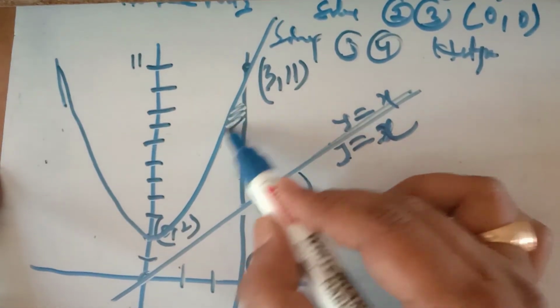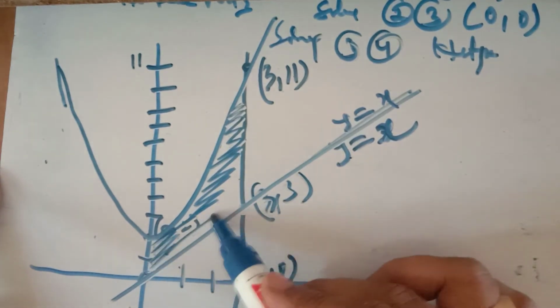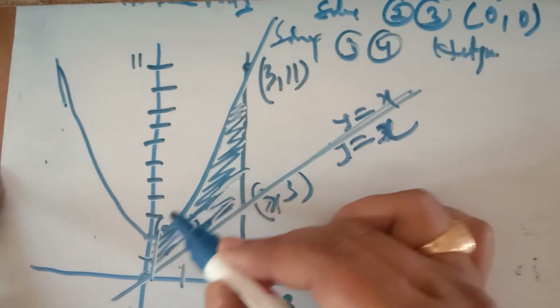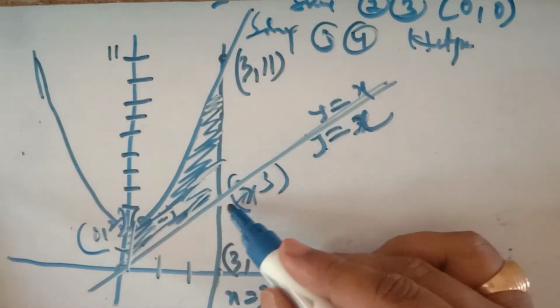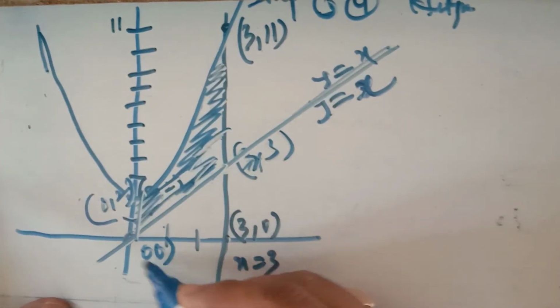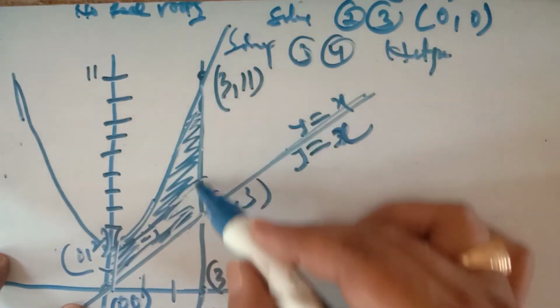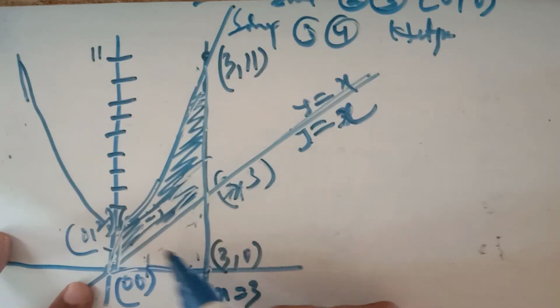You have to find the area bounded by this curve, the line x is equal to 3, and the y-axis, x is equal to 0, and this point is (0, 2). This area you have to find, and it can be found very easily. From 0 to 3, if you integrate this parabola, you will get the full area, and the extra area which is coming is the area touching the line.